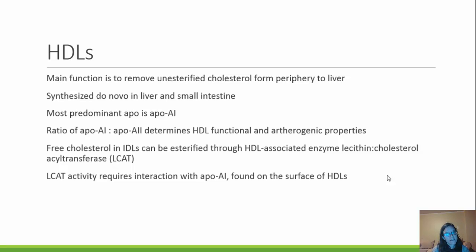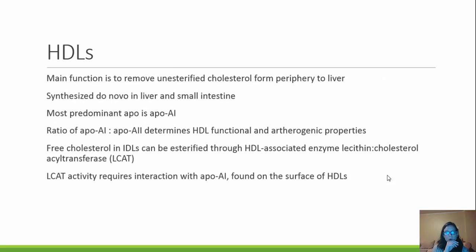And LCAT activity requires interaction with ApoA1 apolipoprotein, which is found on the surface of HDLs. So it all works together. We need the HDLs to pick up the cholesterol from the periphery, and this is possible through the enzyme LCAT, but LCAT requires the apolipoprotein that we find on HDLs.